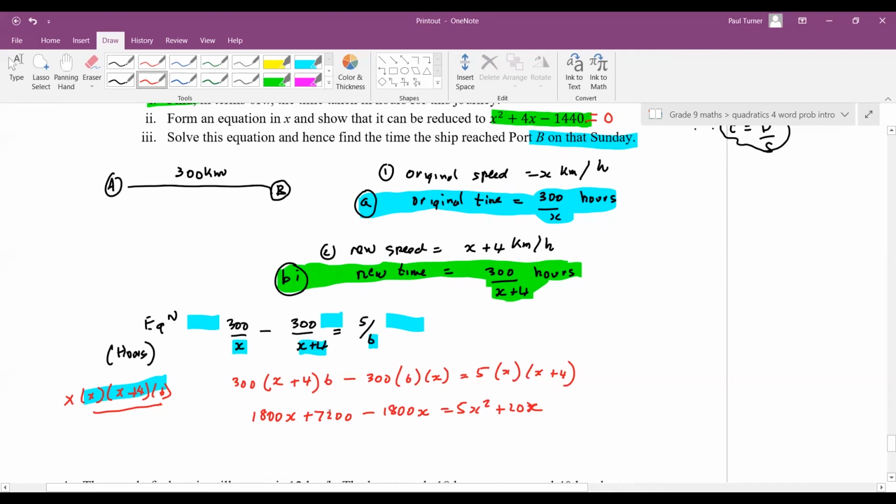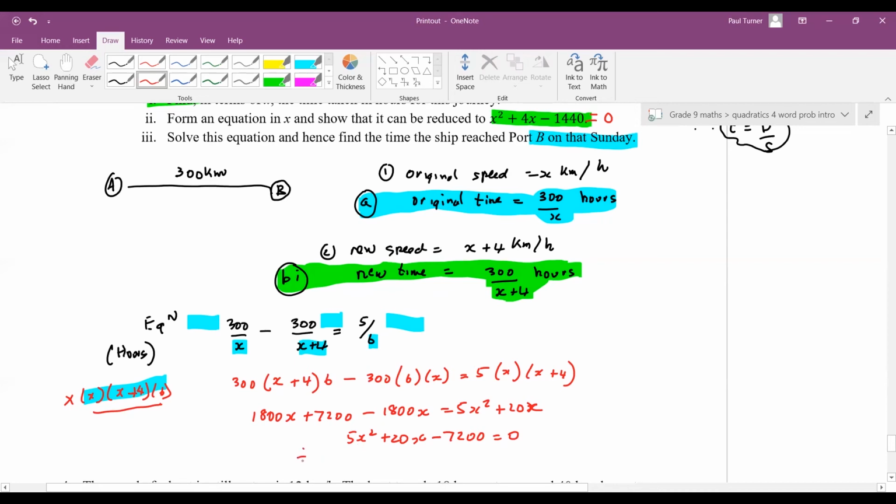Okay, so when we simplify that, we'll end up with 5X squared plus 20X minus 7,200 equals 0. So this one here would be divided by 5, because we want to get back to this original expression in the question.